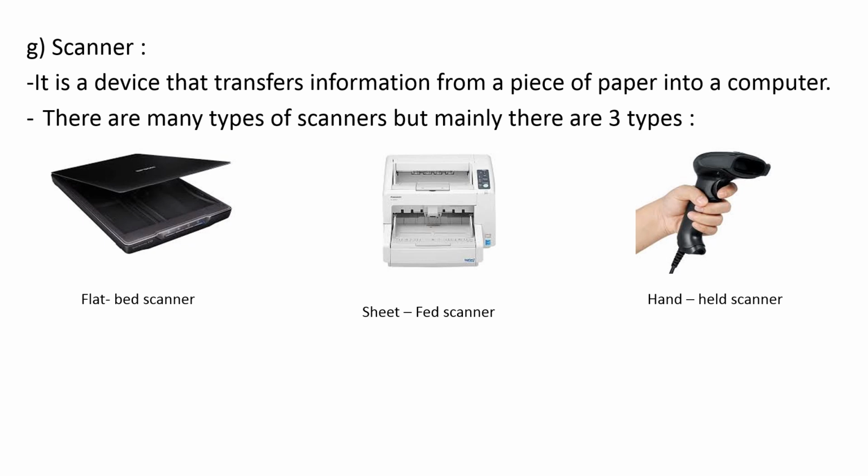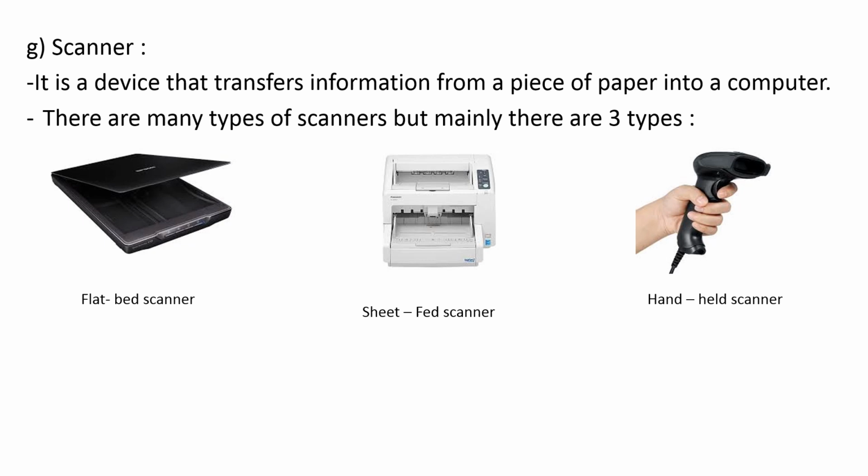Now, flatbed scanners are the widely used scanners. They are very much similar to a photocopy Xerox machine. Just as with a photocopy machine, we place a document on a glass scanning surface. It remains still while a mechanically driven scan head passes underneath it.